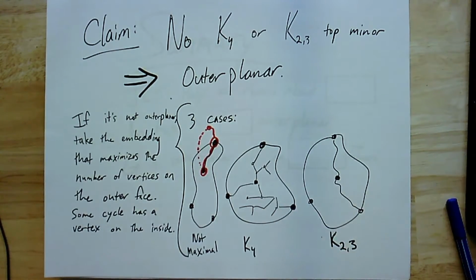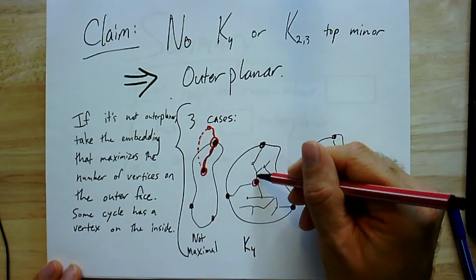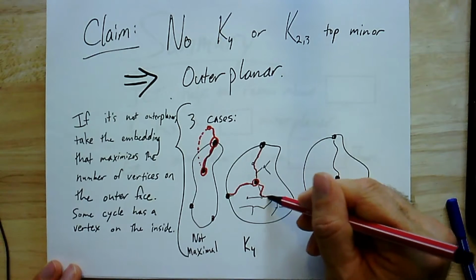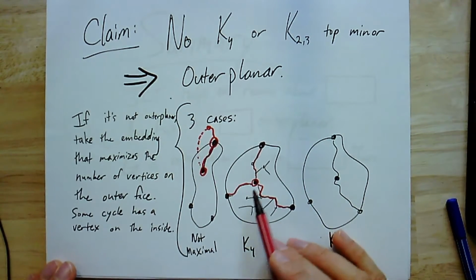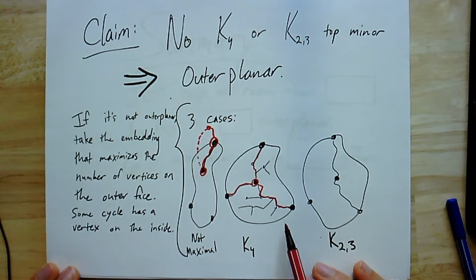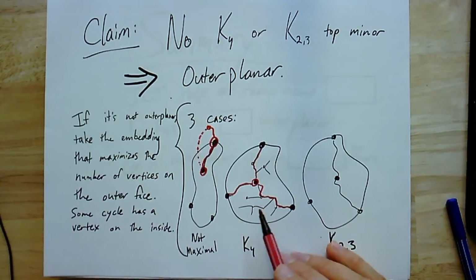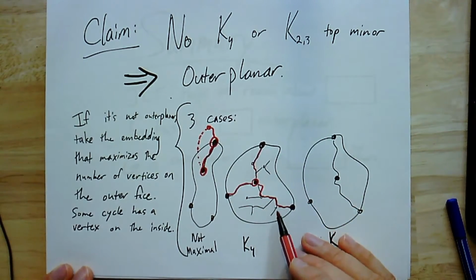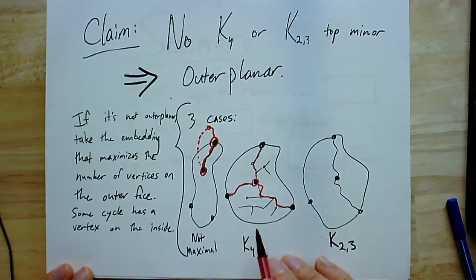Another case is if I find a vertex with three different paths to the cycle. Well, you'll notice here, this means that there must have been a K4 topological minor. You can imagine just taking, say, a spanning tree of the graph induced on the vertices inside the cycle plus maybe on the cycle.